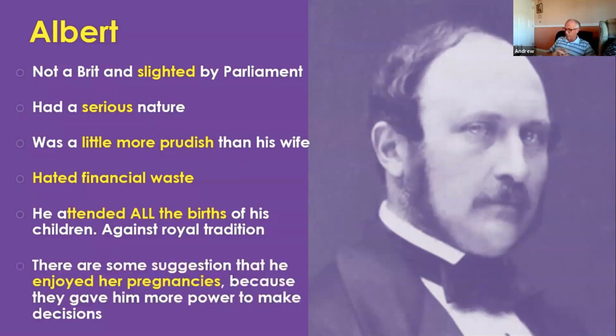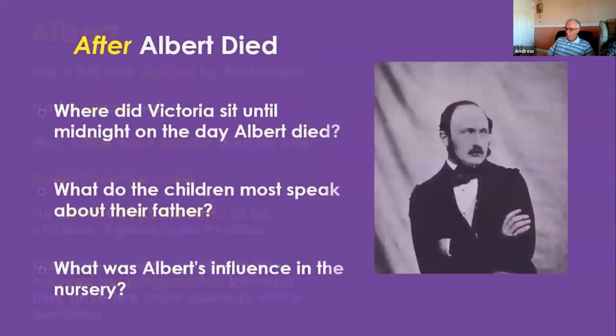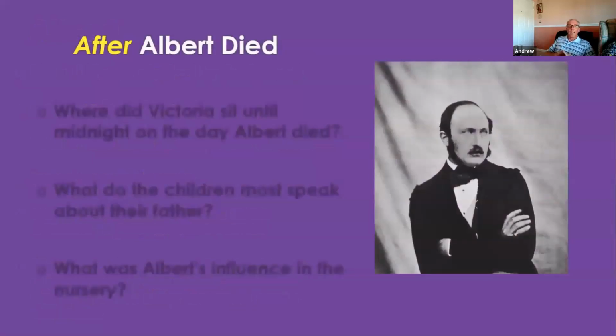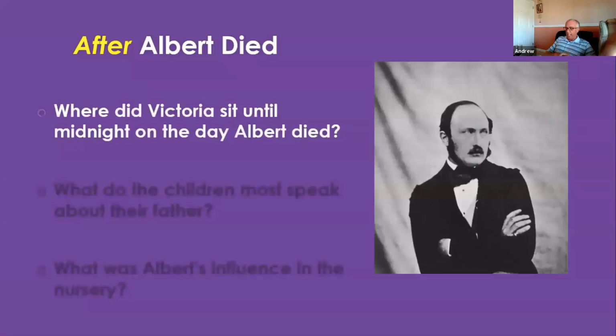There's some suggestion that he rather enjoyed his wife's pregnancies because it gave him far more power to make decisions, managing that head of the executive piece. So Albert was, as I mentioned, the one that the children went to.